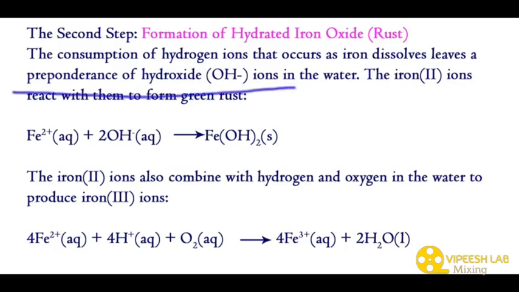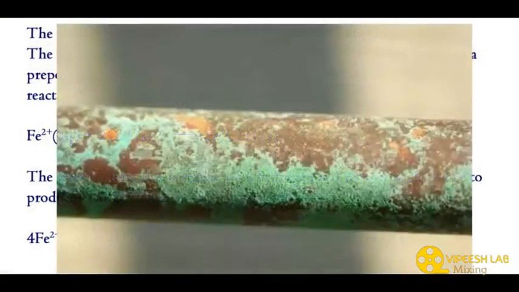Preponderance in the sense a particular quantity of hydroxide ions in the water. The iron 2 ions react with them to form green rust. In the sense the iron 2 ions already created will now react with them to form green rust.